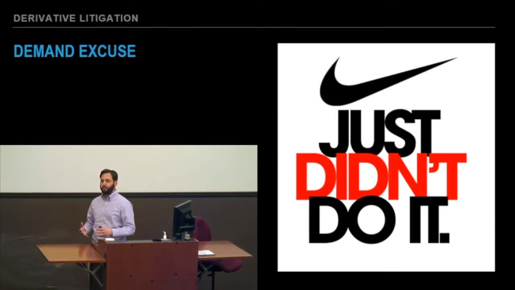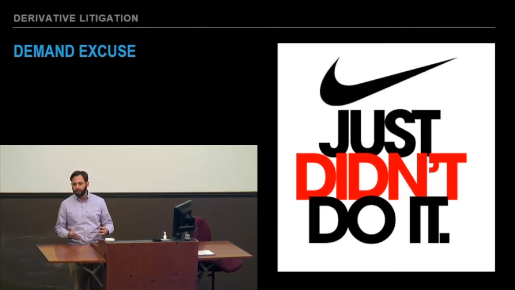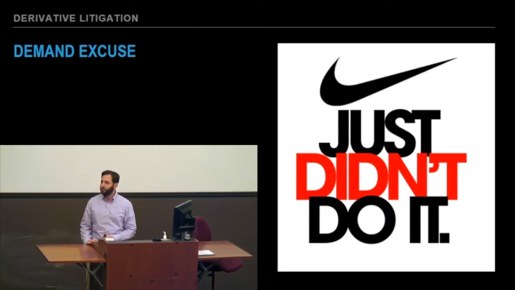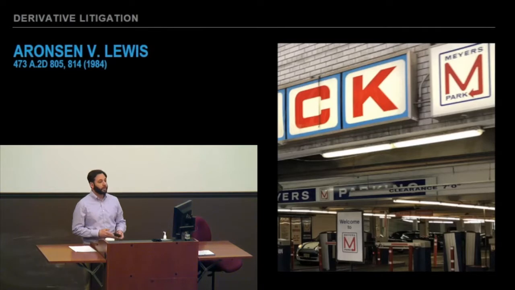If a director is self-interested, the business judgment rule does not attach because there's a presumption that an interested director is not making a business decision or is not capable of making a business decision. Or we could show that the underlying decision is not the type of decision that requires a business judgment, which is harder. It might be easier, instead of just talking about it conceptually, to look at an example.